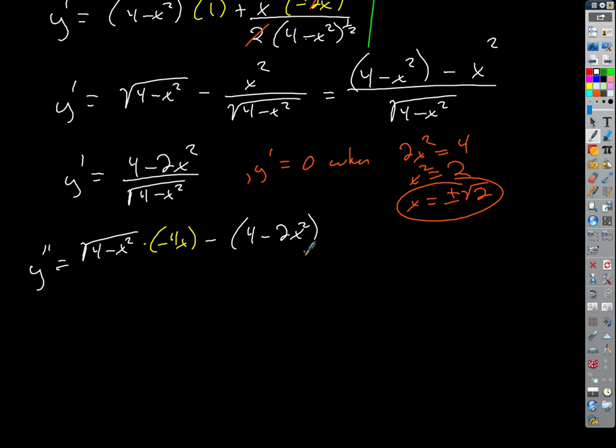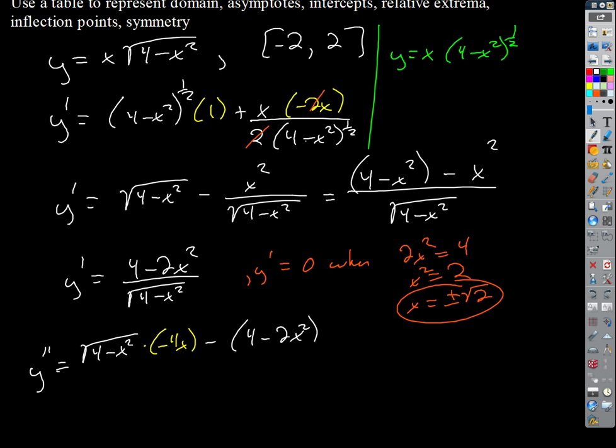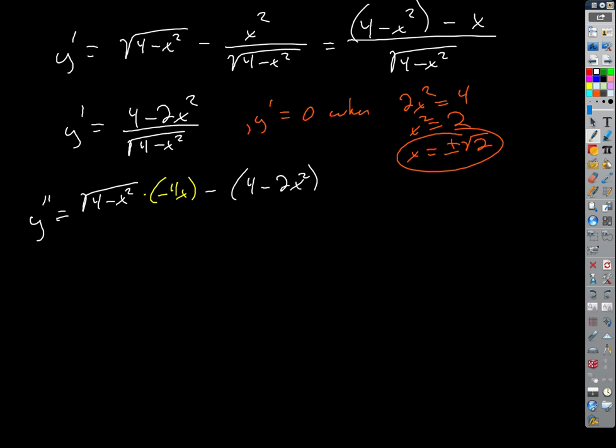Then D low. Well, we did D low as part of our earlier differentiation, so we've already done this exercise. What is the derivative of the square root of 4 minus x squared?